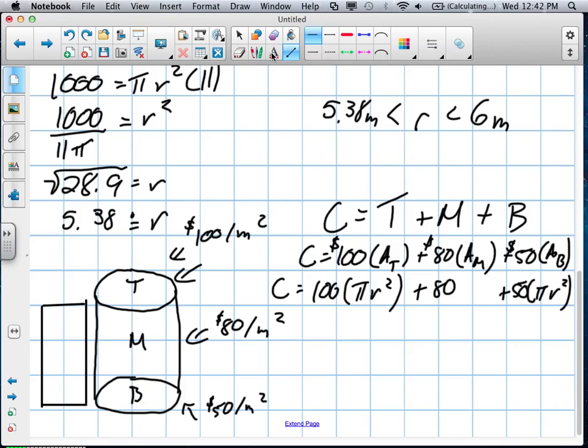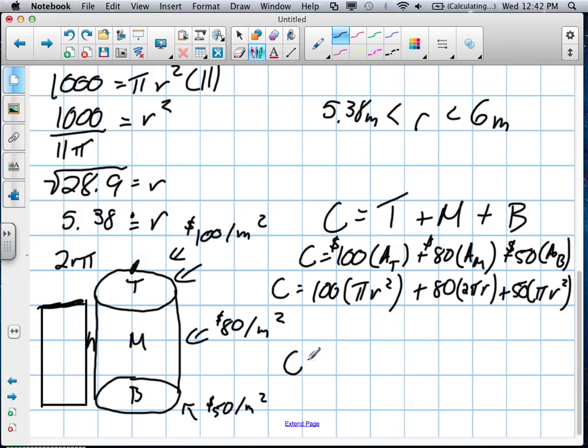The height of the rectangle is the width, okay? But this length here is actually equal to the circumference of this circle. So the circumference of this circle is 2 pi r, okay? Doesn't deal with r squared. Because its circumference is 2 pi r times the height. So it's 80 times 2 pi r.